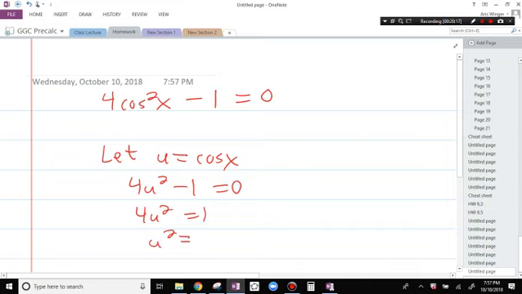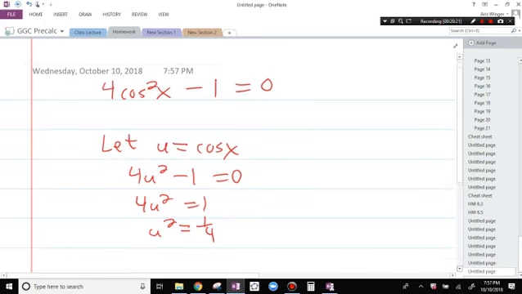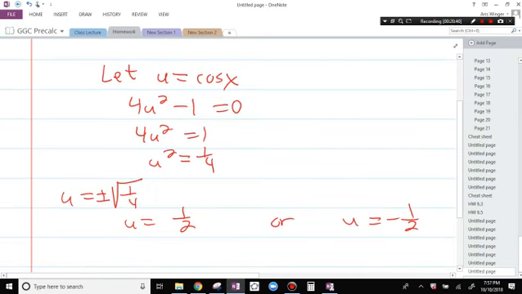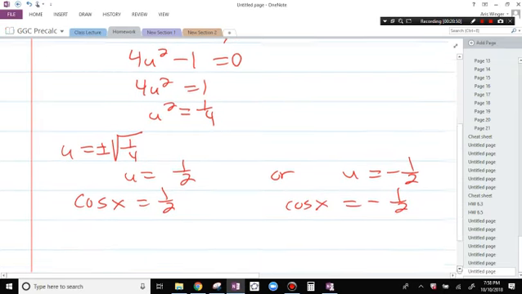U squared is equal to 1 over 4. So this means that u is equal to what? The square root of 1 over 4, plus or minus. So u is equal to 1/2 or negative 1/2. I introduced the letter u, so either cosine x is 1/2 or cosine x is negative 1/2, and we just need all those angles.